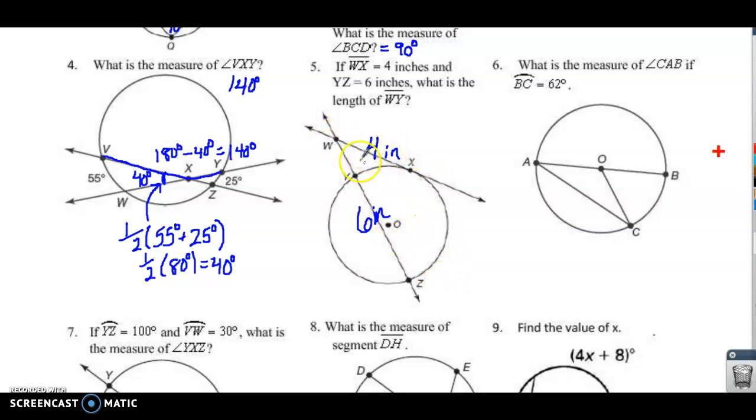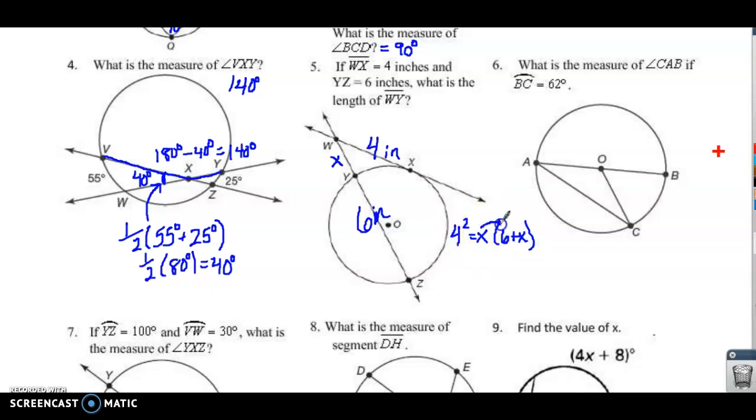And we've got a tangent here, so we're going to square this outside part and set it equal to the outside times the whole. So we've got 4, and I'm going to call this x. And then obviously we have 6 plus x here for the whole. So 4 squared equals x times 6 plus x.